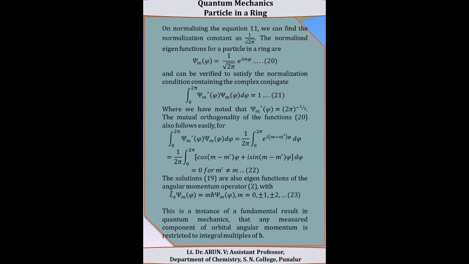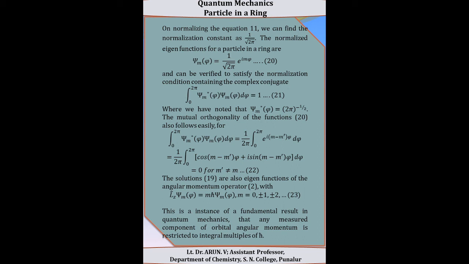The mutual orthogonality of the functions in equation 20 can be verified, and these functions are mutually orthogonal, its value being equal to 0 in the case if m dash is not equal to m.